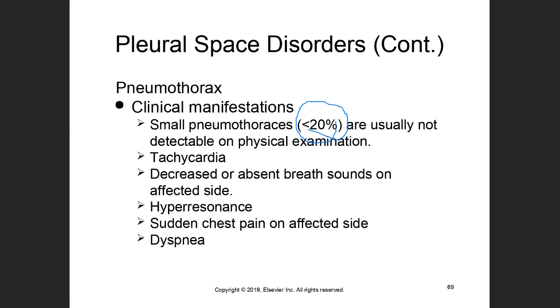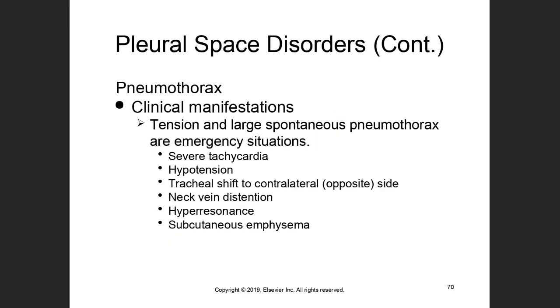That's one of the main characteristics. That's a sound in the lung. Sudden chest pain on the affected side, dyspnea. Tension and large spontaneous pneumothorax are an emergency situation. Okay, and in those patients, you have to do a chest tube.